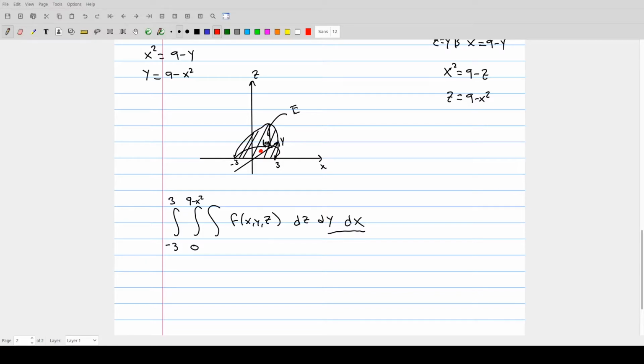And we see that z starts at a lower bound of 0 and ends right here on the plane z equals y. So z goes from 0 to z equals y. And this would be the correct way of drawing out the bounds for this triple integral in this order, dz, dy, dx.